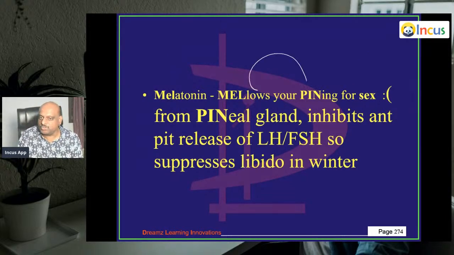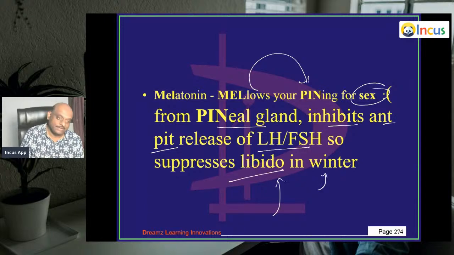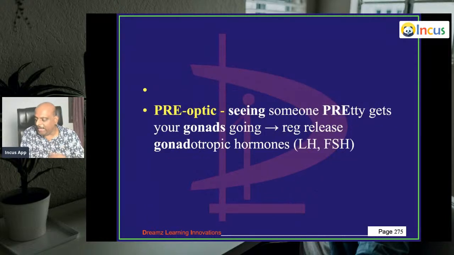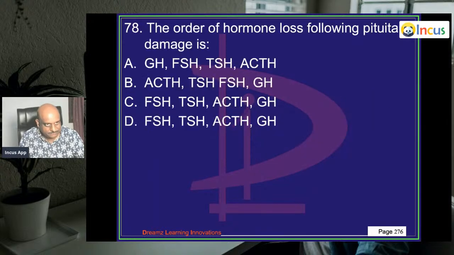Melatonin mellows your pining for sex. From the pineal gland, it inhibits the anterior pituitary release of LH, FSH, so it suppresses libido in winter. That is melatonin. Pre-optic, seeing somewhere pretty gets your gonads going. So it releases the gonadotropic hormones, LH and FSH.